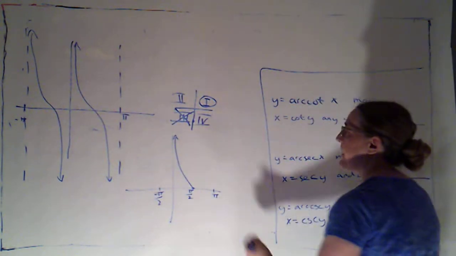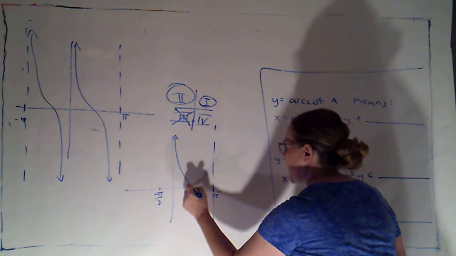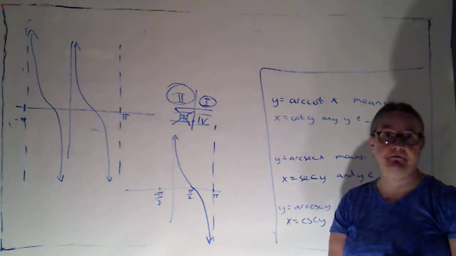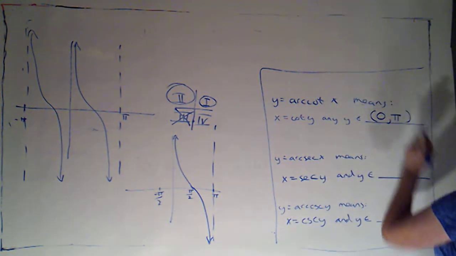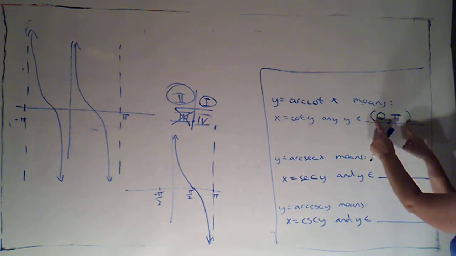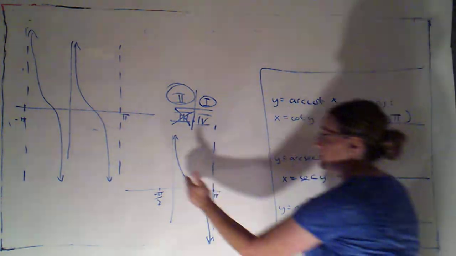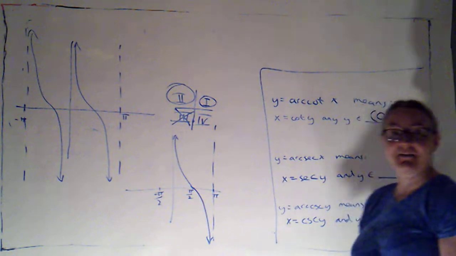I don't want that, so I'm going to choose quadrant 2 from 0 to pi. That gives me a connected piece of graph. So my interval will be from 0 to pi. Notice it's parentheses there, because 0 and pi are not in the domain of cotangent. Okay. There are asymptotes there. There's no point on the graph.